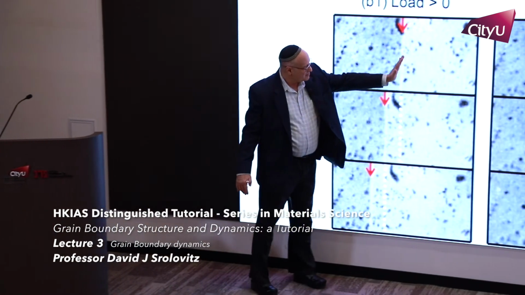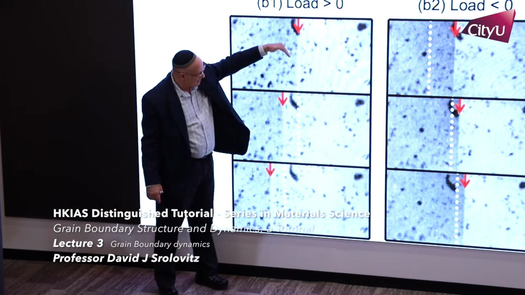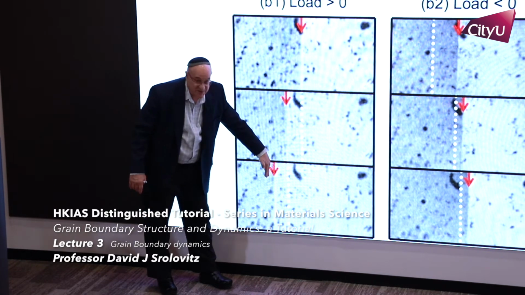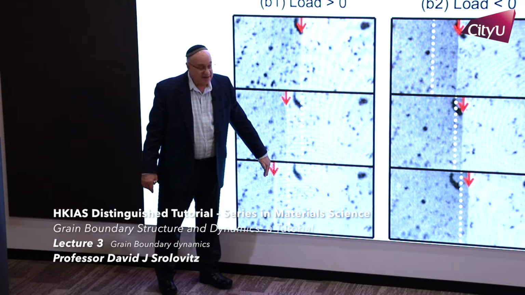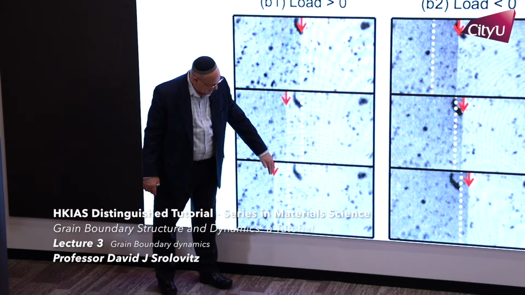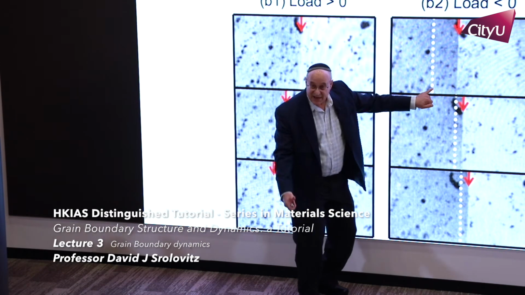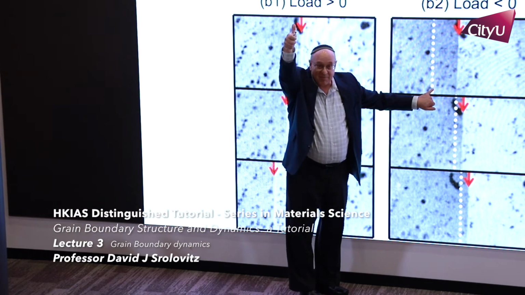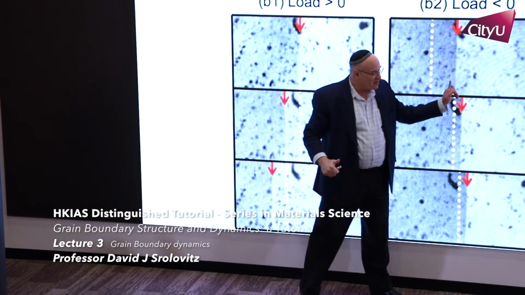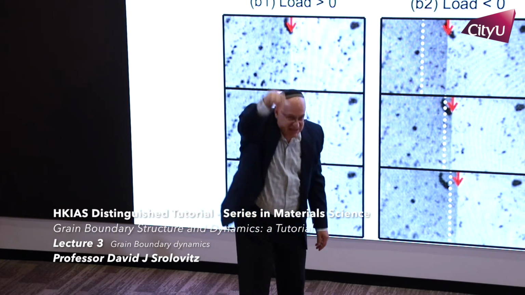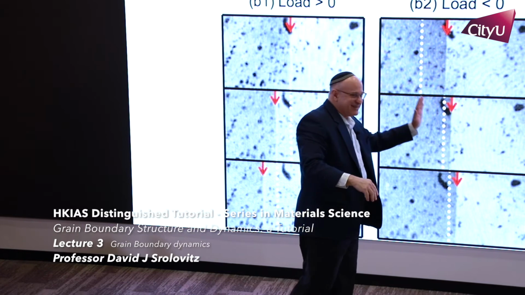The grain boundary starts here, they're pushing like that, and you can see the grain boundary moves over, then from here moves over some more. Now the interesting thing is, if I start at this point, show dots here, and push the load the other way, I pull up instead of push down, the grain boundary moves in the opposite direction. And then if he pushes down again, it moves back in the other direction.